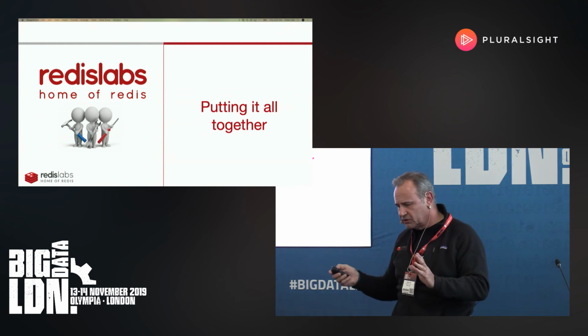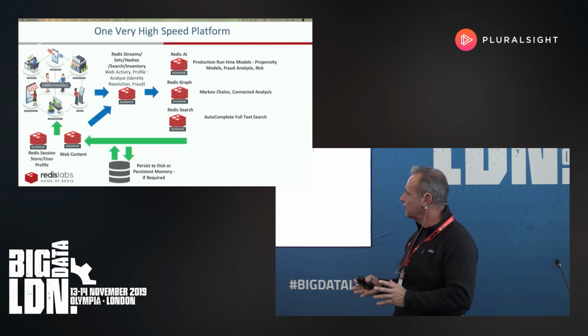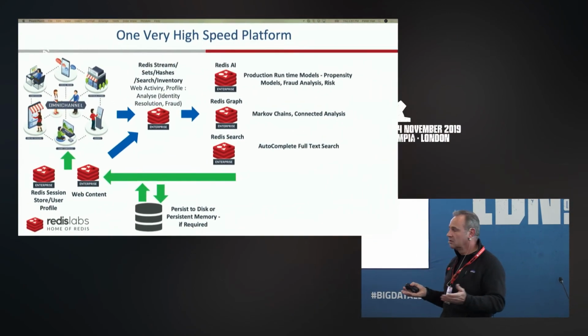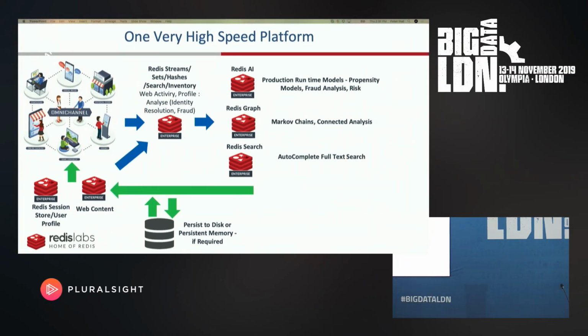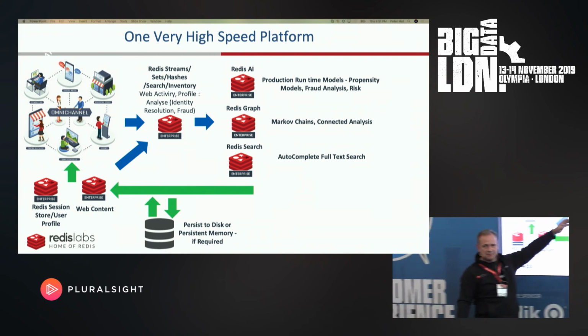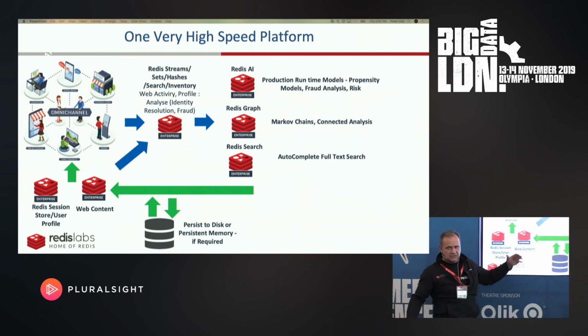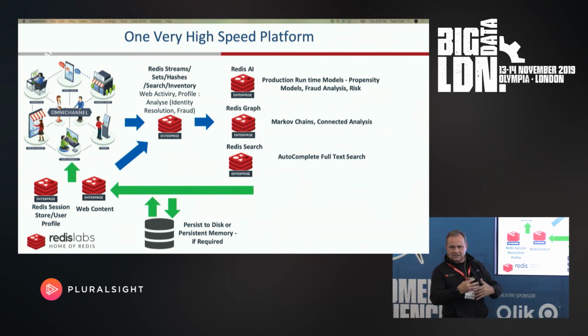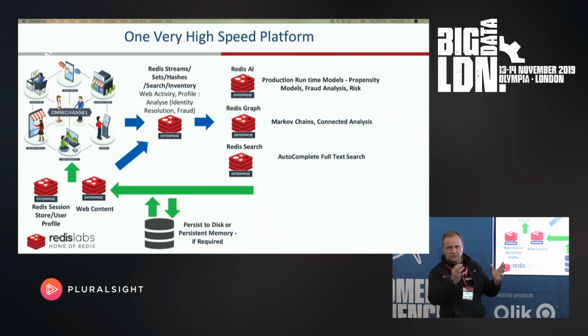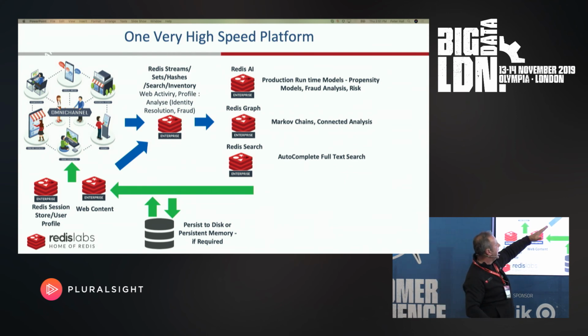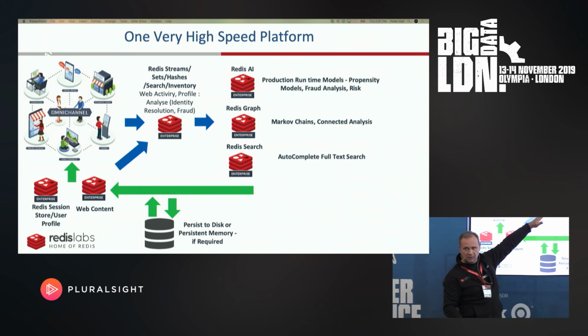So just to round that all up, what does that really look like? So if you had all your omnichannel piece over here, whether the customers are mobile or on web or kiosk, the first thing you get is this massive influx of data. So you need to bring that together, the web activity, and understand what they're clicking on, user embedding, as I talked about, and join that with profiling.